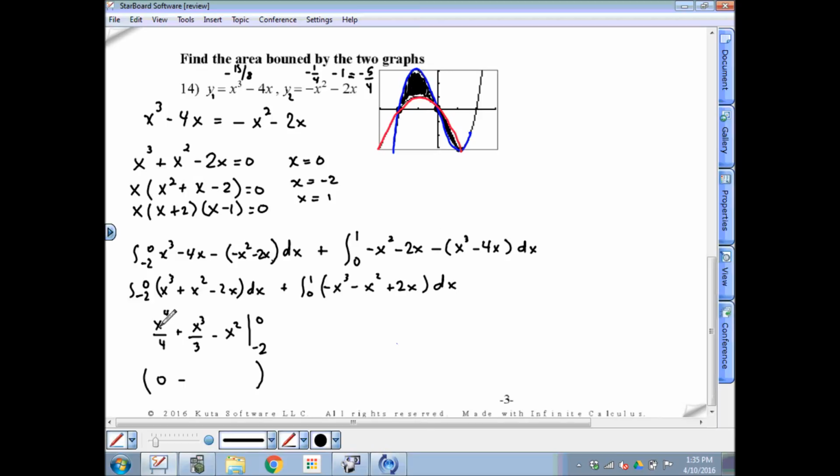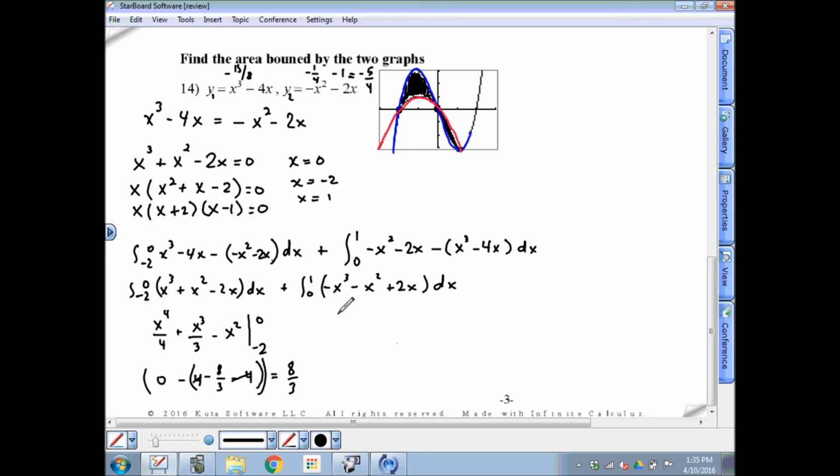Negative 2 to the 4th power is 16. 16 over 4 is 4. Negative 2 cubed is negative 8, so that's negative 8 thirds, and then negative 2 squared is 4, so that's minus 4. Plus 4 minus 4 cancel. Negative times a negative is a positive, so it equals 8 thirds.